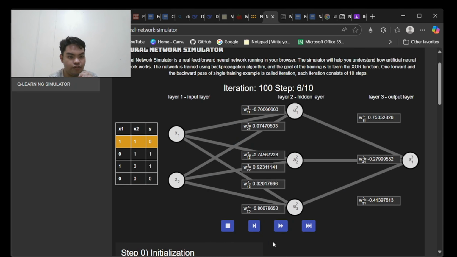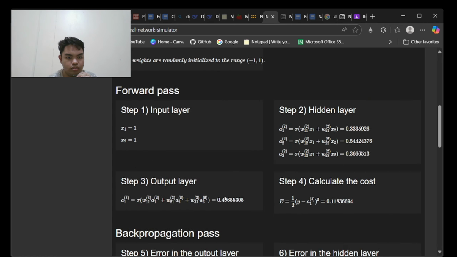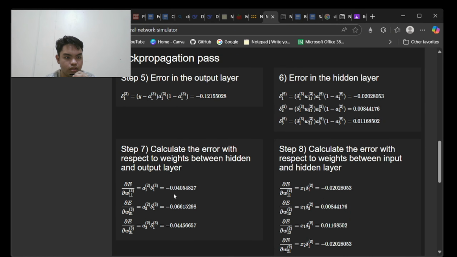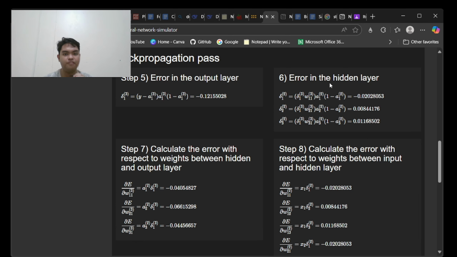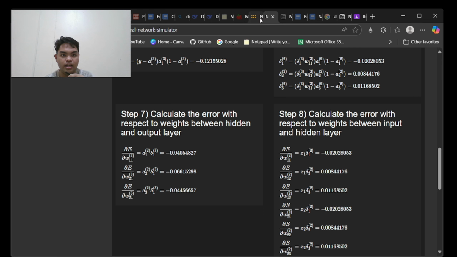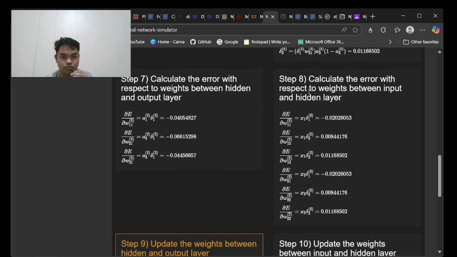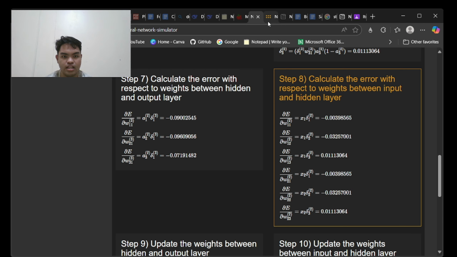For iteration 100, it's negative 0.04 and negative 0.066. That's a big difference from iteration 1 to iteration 100. Now for step 8, the error with respect to the weights between input and hidden layer. See, it's quite huge.